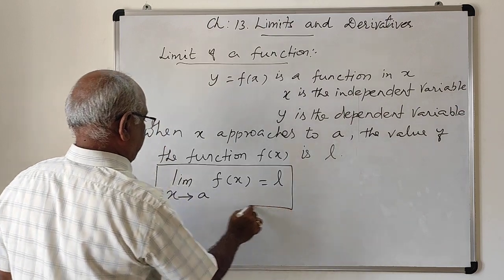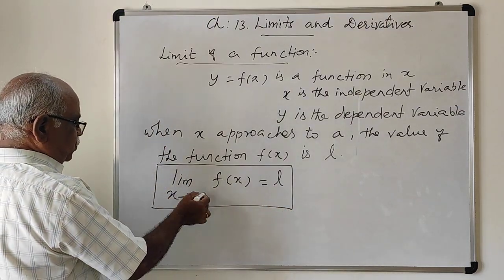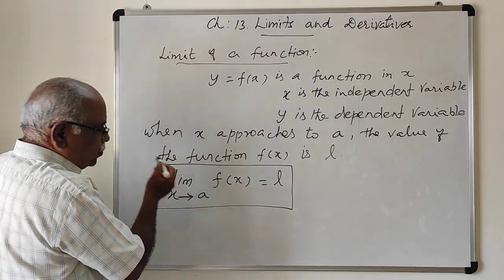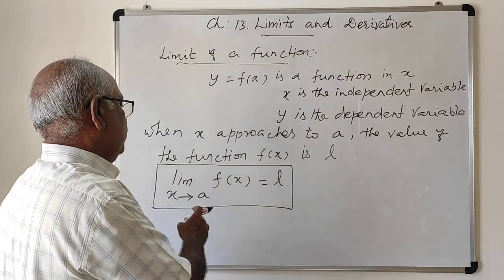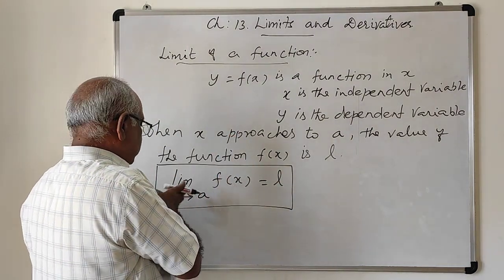You read it as x tends to a, or x approaches a. The function value of f of x is L. This is the limiting value of the function f of x when x approaches a.